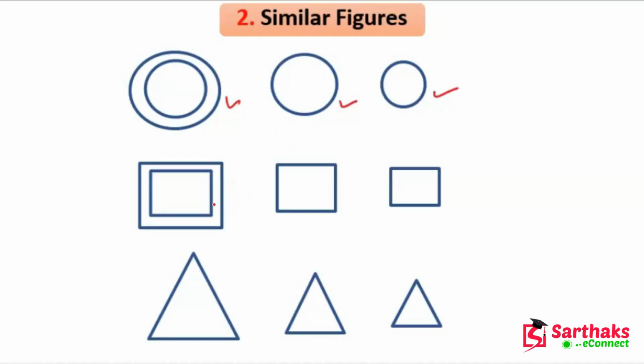Now if we see this square, this square, this square, this square and this square, these all are different in size, but we can say that these are similar figures because the shape is same. Now if you talk about these triangles, these triangles are similar because they are same in shape, but the size is different.